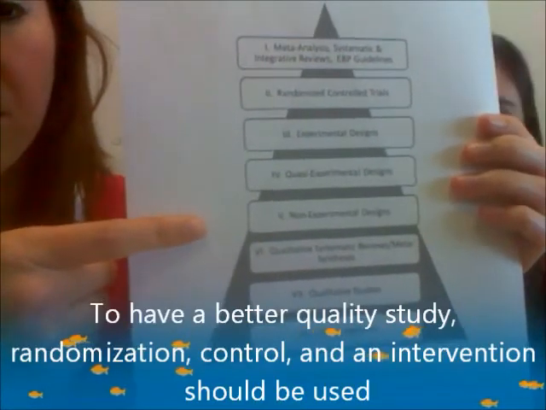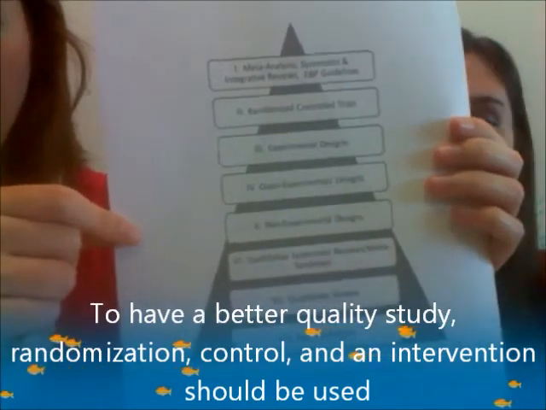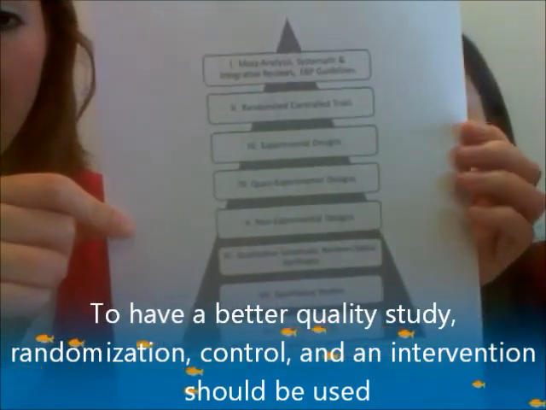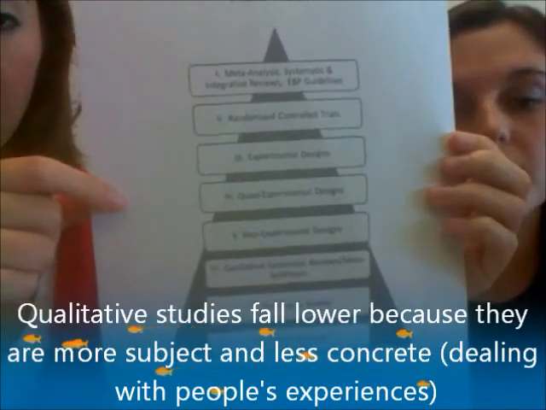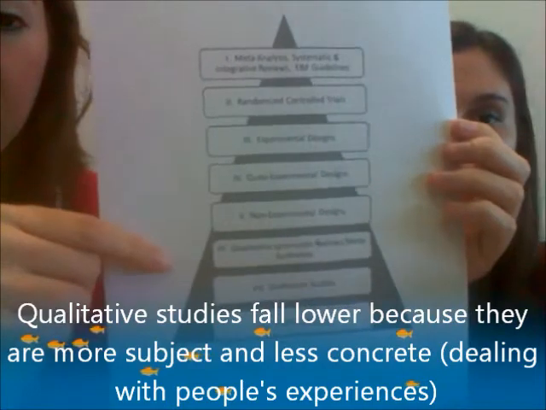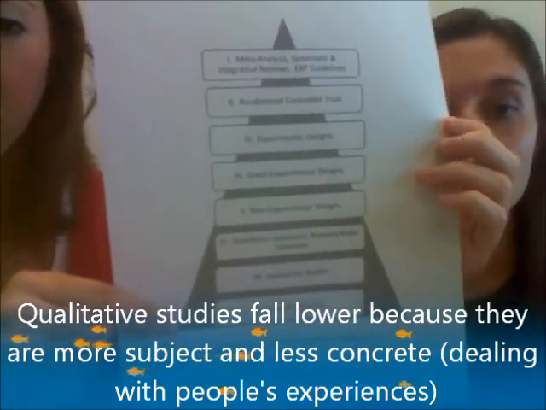If we wanted to make it better, we would have had a randomized study, or if we wanted to make it, well, not worse, but fall lower on the reliability, it could be a qualitative study.